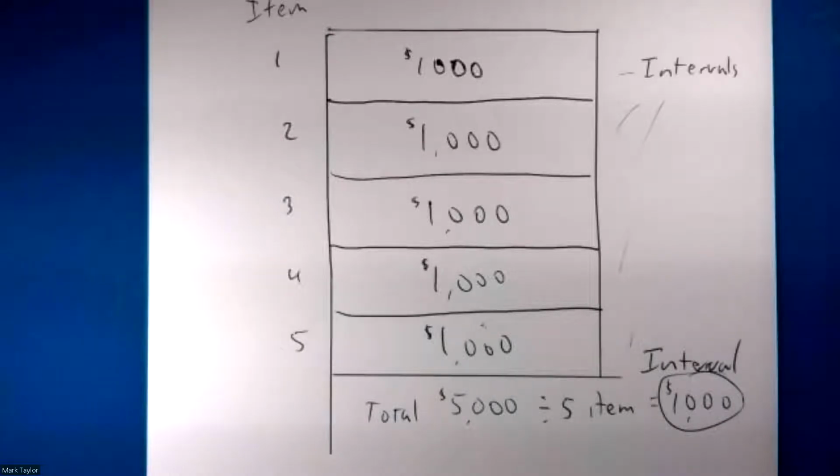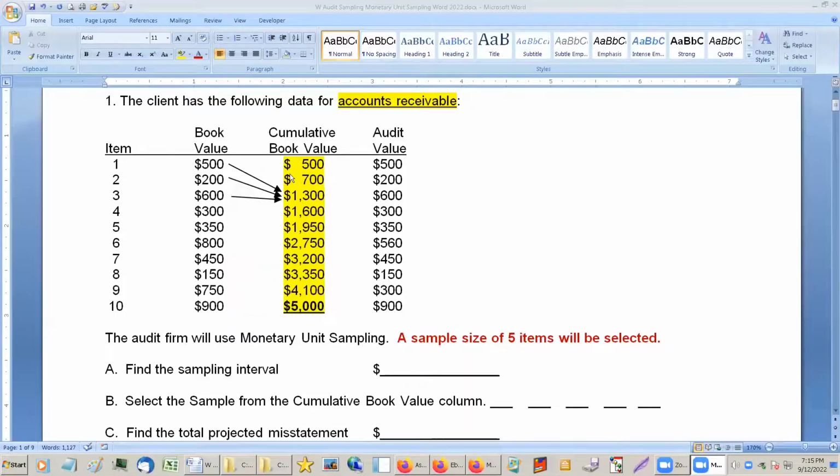Okay, so let's go back to this. We want to find the item that crosses the first $1,000 interval. We're looking at the cumulative. So which item crosses the $1,000 interval? Would that be 3? Yep. So we're going to pick number 3. That'll be our first item.